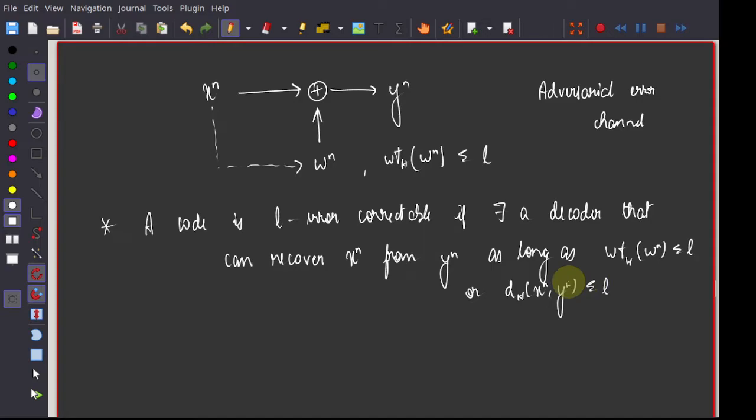This is one way to define the error correction capability of a code.